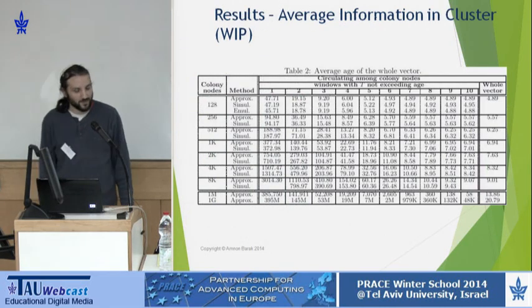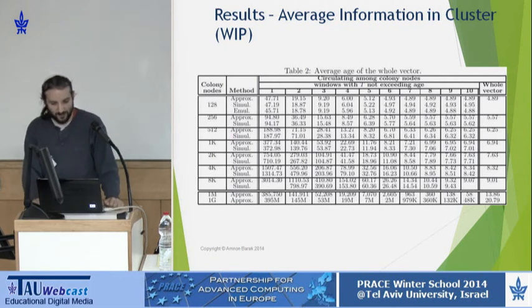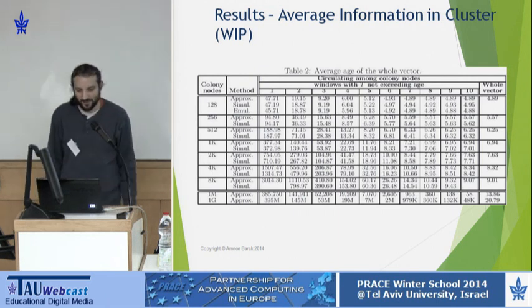Results, which are work in progress. We see the average age of the vector on the nodes, and this is an average of the average age on the nodes.